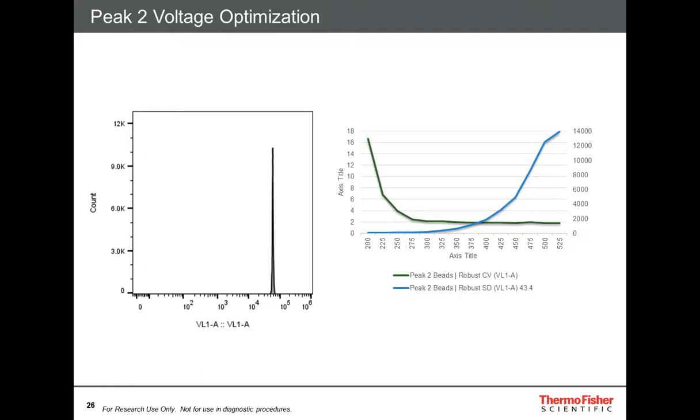When I find those voltages, I make a histogram with all of my PMTs. Then I run the voltages from the optimization, and I run my slightly brighter bead, my Peak 5 bead, at all of these voltages, and I set a gate. And I run this every day, and I use the voltages every day for my experiments.